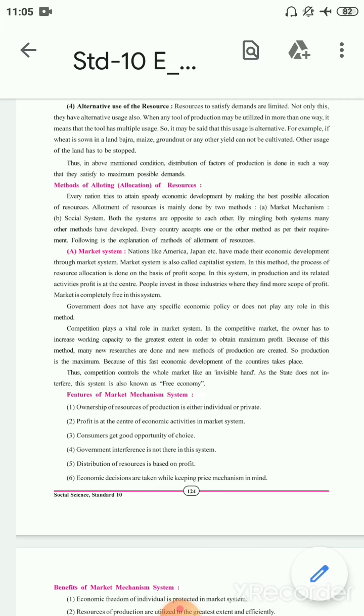So if we are able to start a factory producing bathing soap in a country like India, there is more scope of profit.